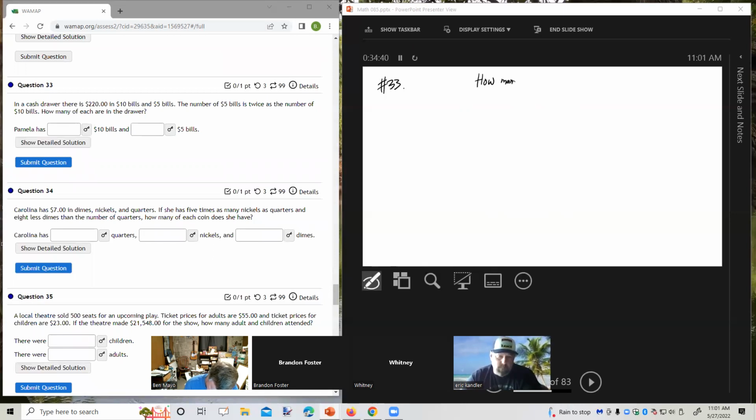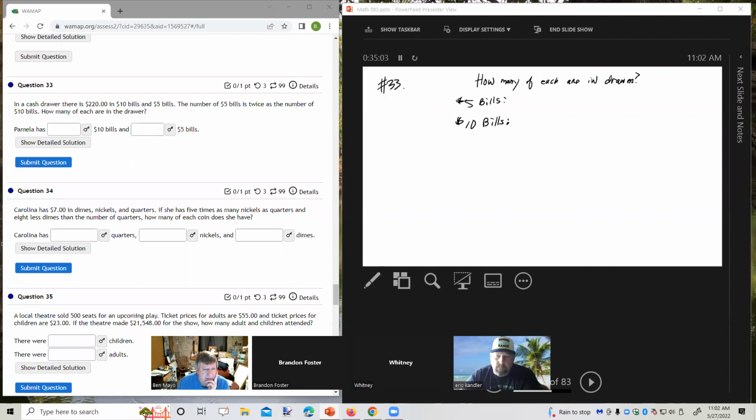How many of each are in the drawer? And we've got two different things. We've got $5 bills and $10 bills. Okay, there's two things they want us to find out.